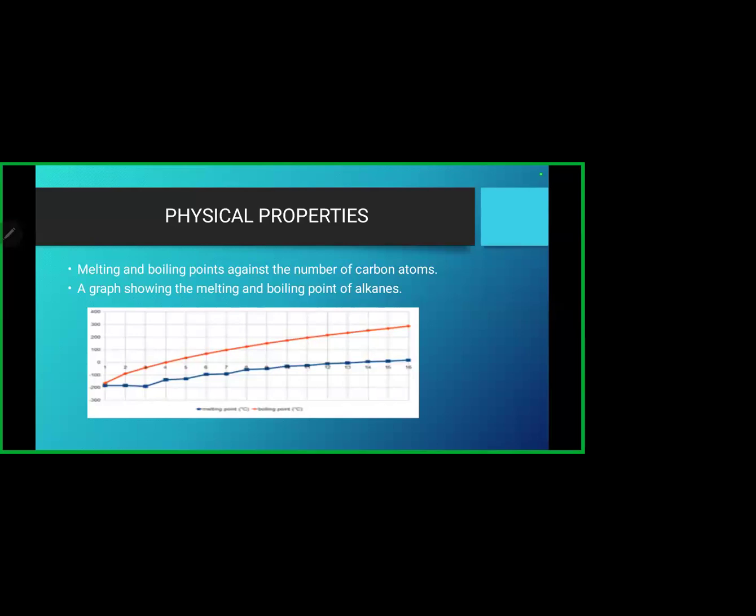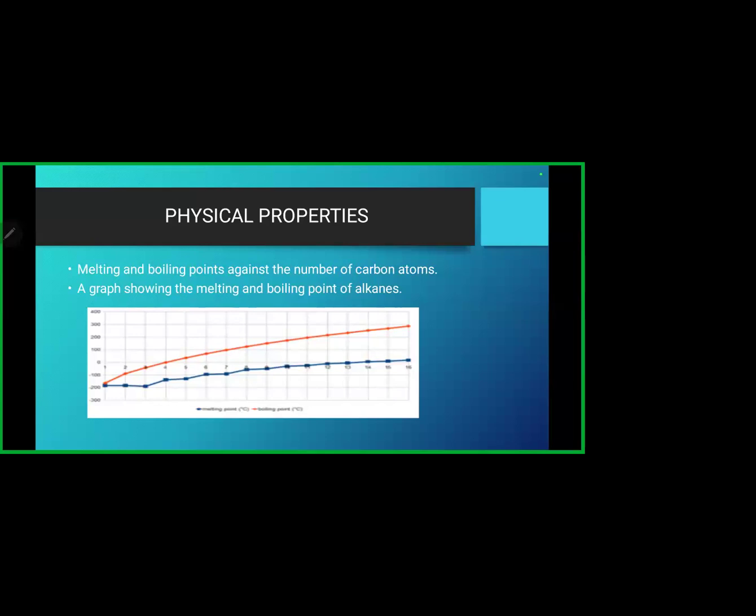And I said on the horizontal axis, we have the number of carbon atoms running from 1 to 16. And then on the vertical axis, which you call the y-axis, we had the boiling point and melting point scale. So that means at that point, someone had told us in a previous lesson that there is a general increase in both the boiling and melting point.